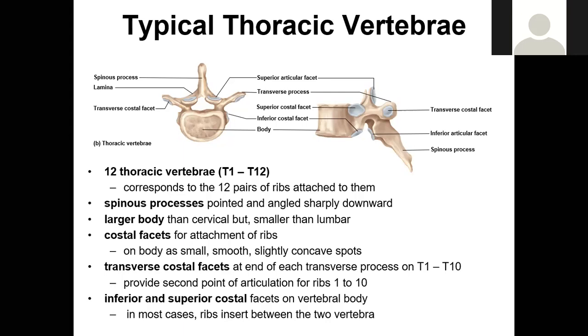The thoracic body is larger than the cervical, but smaller than the lumbar. Again, it's only the thoracic vertebra that have these costal facets, which are the attachment points for the ribs. All right, so those are some of the characteristics of the thoracic vertebra.